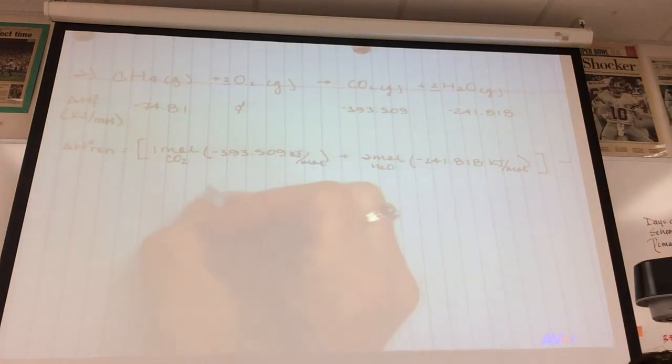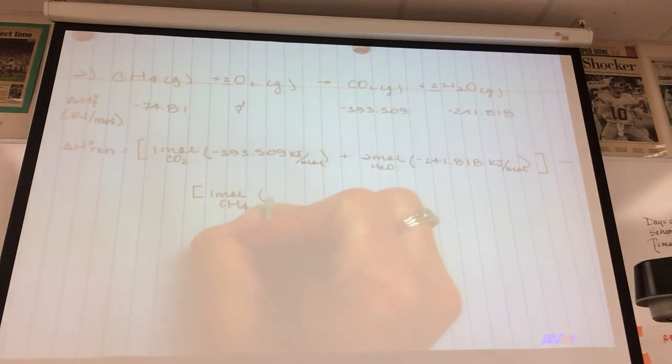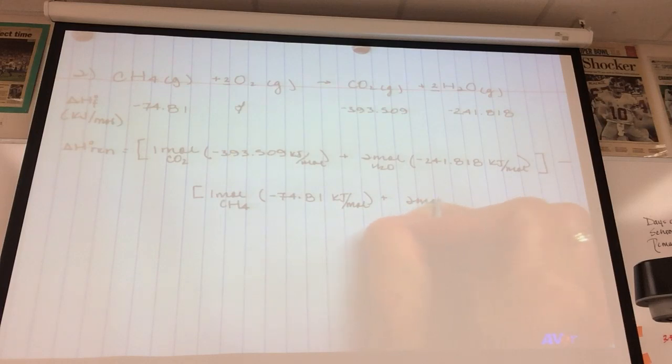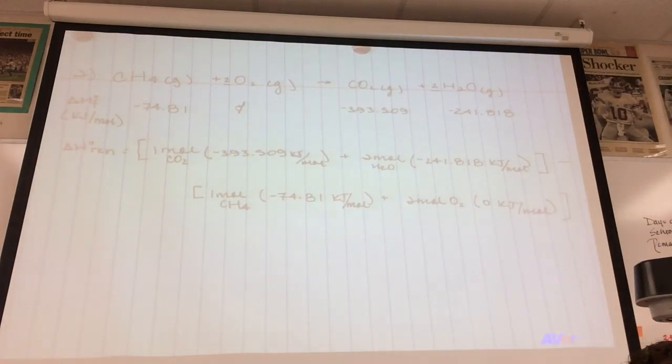I'm going to continue with this here. 1 mole of methane, its delta H of formation, two moles of oxygen, and that's 0 kilojoules per mole.